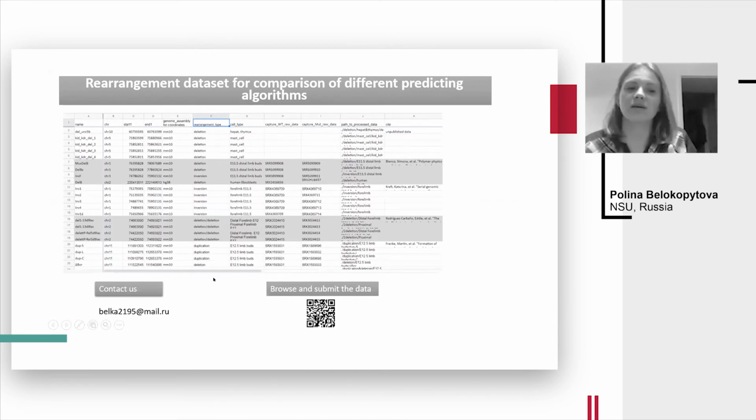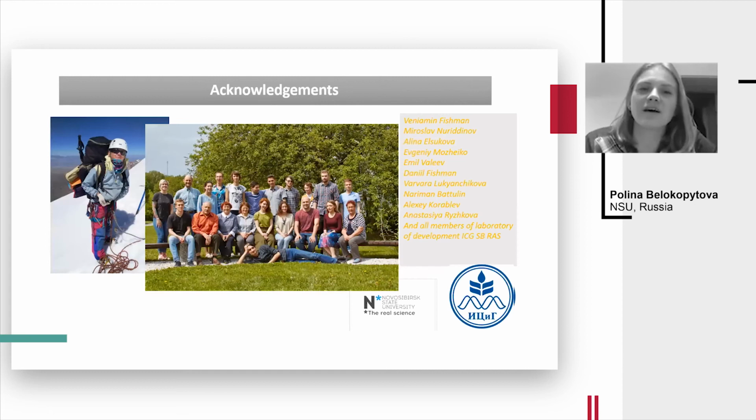And also, if you have some experimental data for rearrangements which lead to changes in 3D genome contacts, and you have capture Hi-C data for these cells, we also offer you to join this project and submit your data to the existing dataset. So that's all about 3DPredictor, and I acknowledge all colleagues from our lab from the Institute of Cytology and Genetics, and also thank the organizing committee.